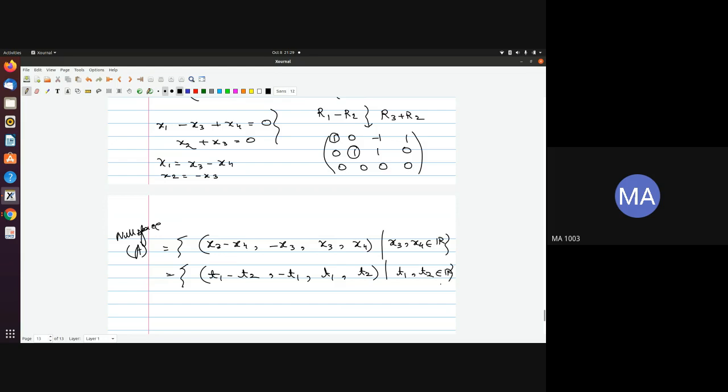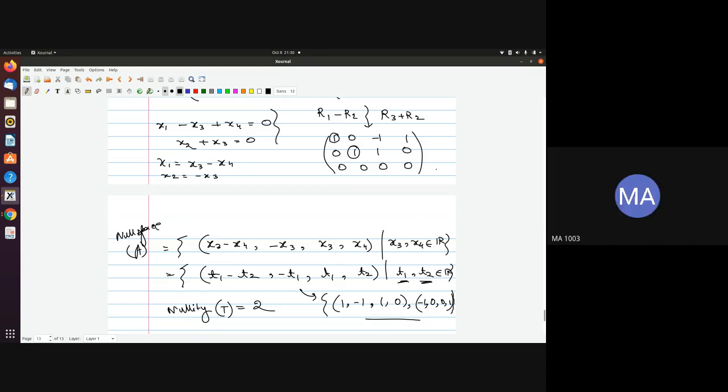So can someone tell me what is the nullity of T? 2, sir. 2 variables, so 2. If I want to write a basis, what should it look like? 1 minus 1 1 0, this is for t1 equal to 1, and for t2 equal to 1, 1 0 0 1. This set will form a basis. Correct? So the dimension is 2.